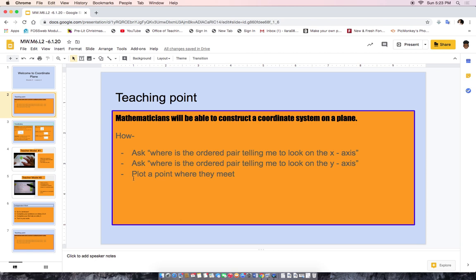Then plot a point where they meet, okay? So that basically means that we're looking at one line that is going to be labeled the x-axis and another number line that is named the y-axis, and then plotting a point where they meet, okay? And this word plot should be one that we've heard before because we've worked with line plots before.